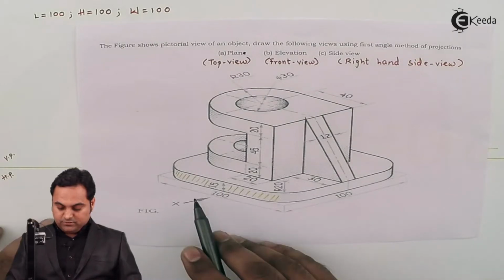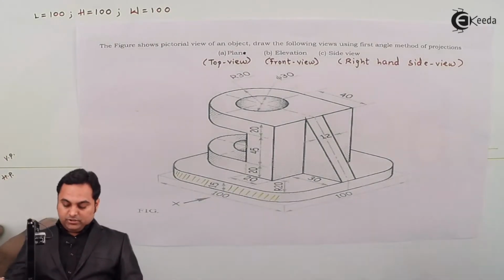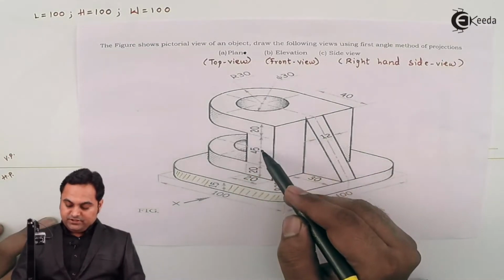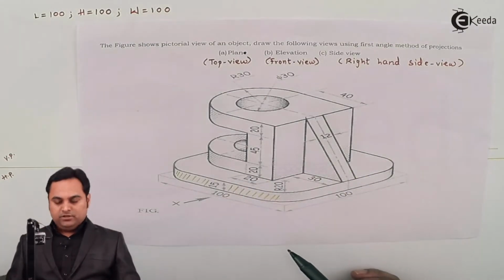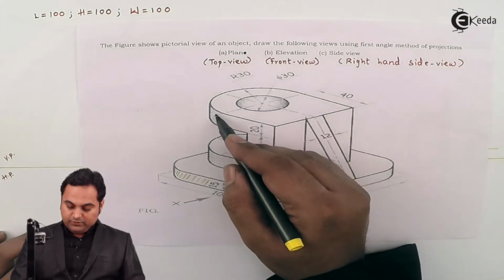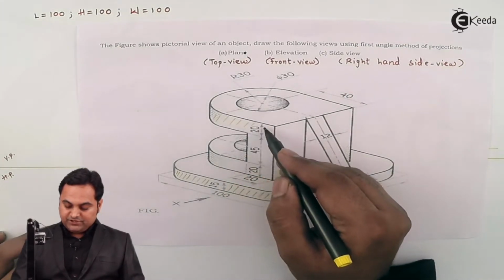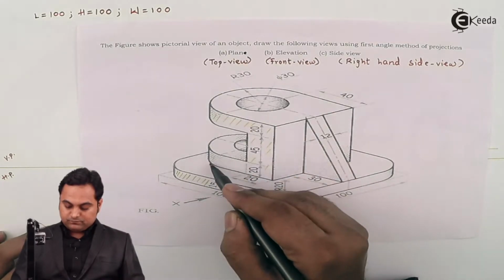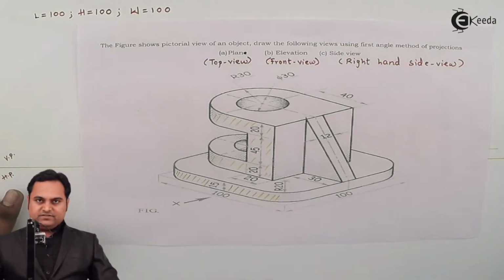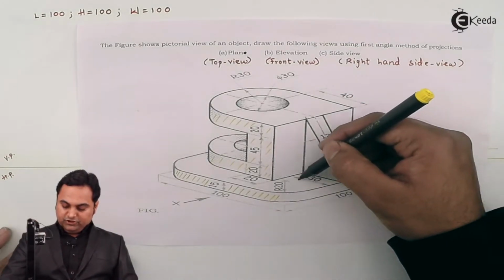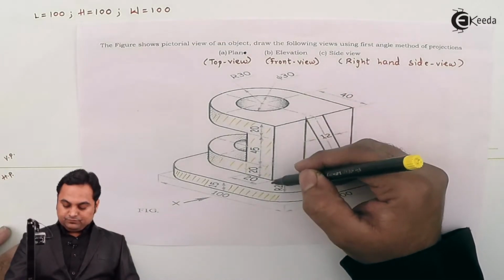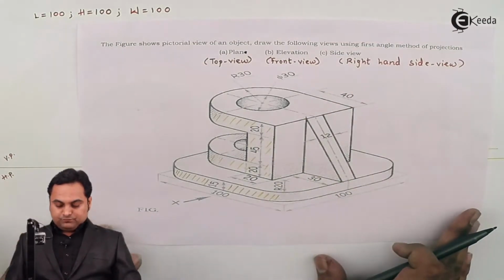Then after this block, here we are having one more block. As we can see here, this block will also be visible from the arrow X direction. That is, we are going to draw this portion which I am shading here. Now this portion is starting from 30 mm from the right hand side and it is going up to the top.